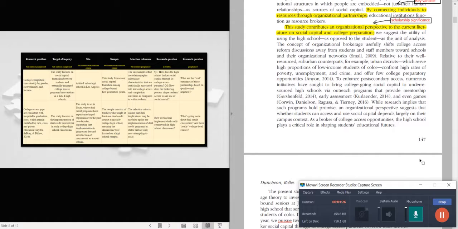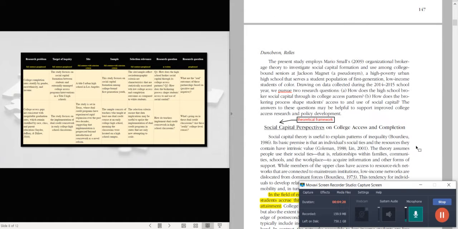All right, I'm scrolling down a little further and I find, oh my goodness, an entire section on the theoretical framework, which is actually what your proposal is asking you for, a section on a theoretical framework. Again, what are theoretical frameworks?